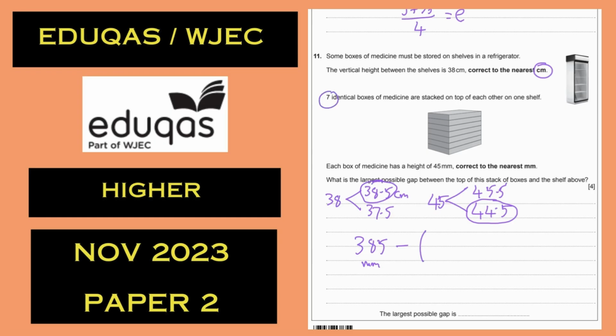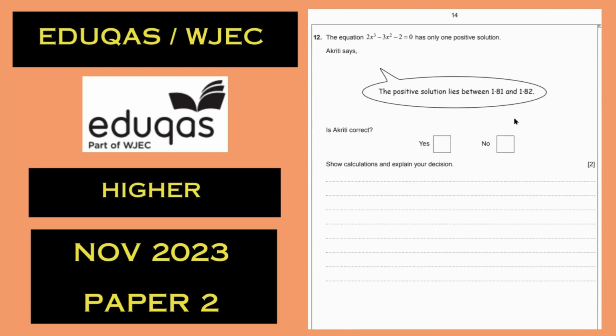We're putting 7 of these smaller boxes using the smallest possible value, and that gives us the correct answer of 73.5, and you should specify millimetres, and obviously you might have got 7.35 centimetres as your answer. Also correct.